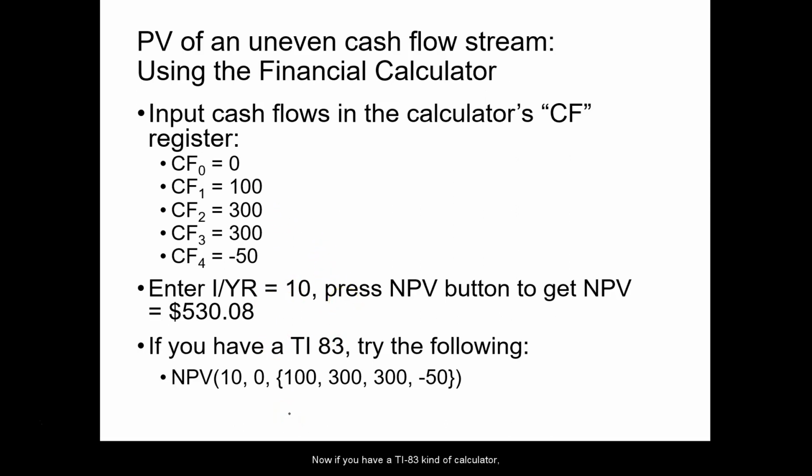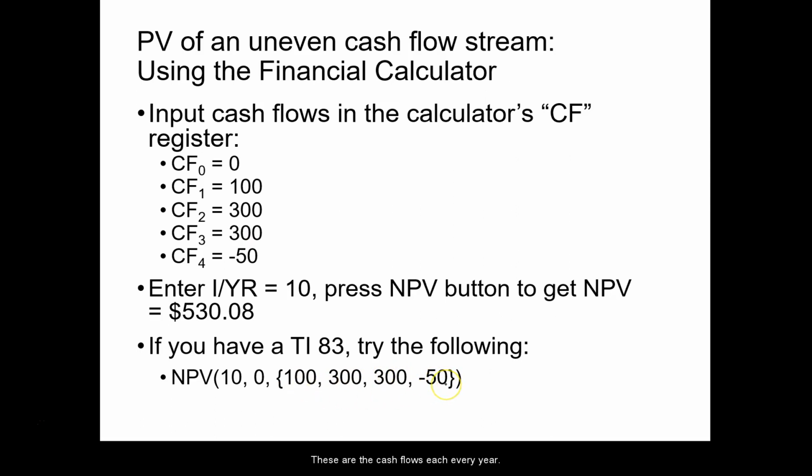Now, if you have a TI-83 kind of calculator, you should try this. Go find the NPV function and enter these numbers. 10 is the 10% interest rate. 0 is the amount at time 0, which is consistent with the 0 CF0 the other users are doing. And then 100, 300, another 300, and a negative 50.